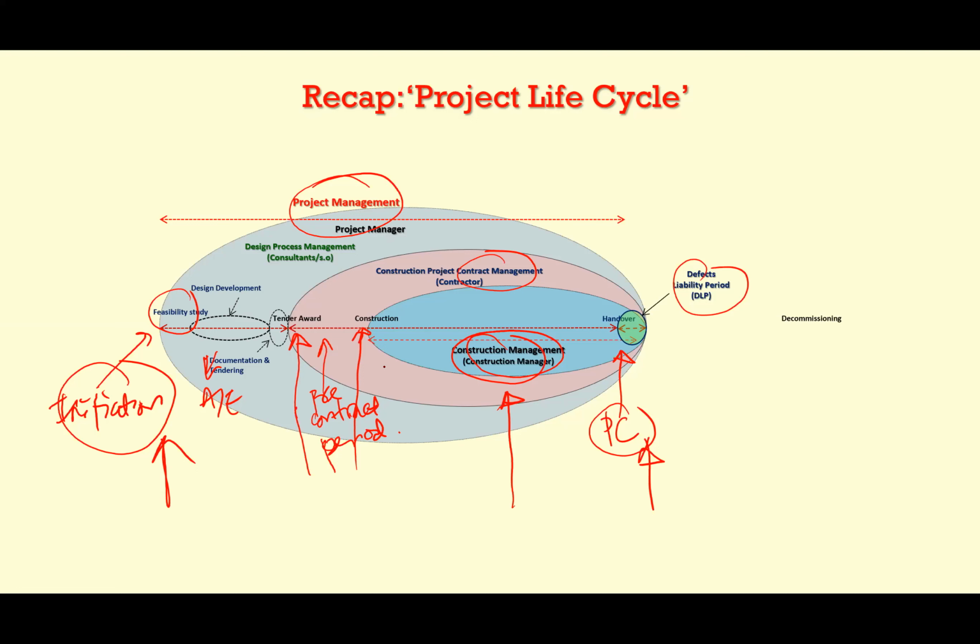And there is another terminology, we call it life cycle costing. Life cycle costing is another area in construction management whereby you are able to evaluate each phase, okay, the cost of each phase.